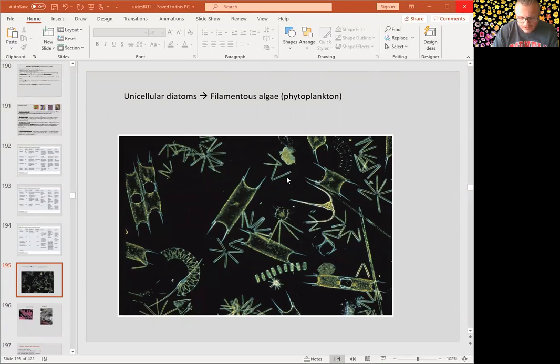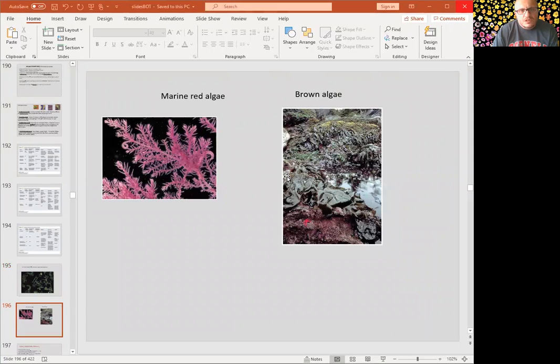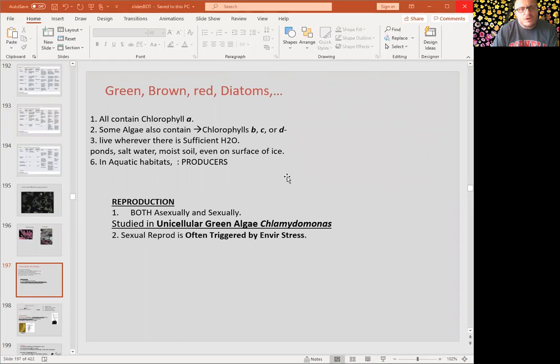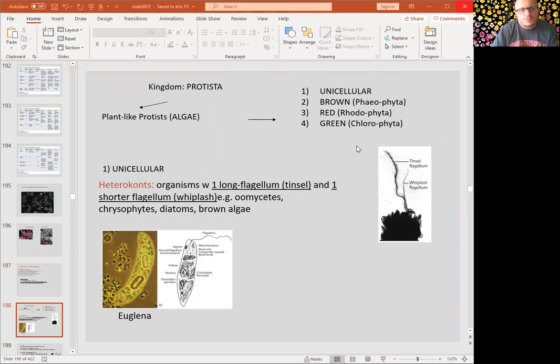We see this in diatoms, red algae and brown algae. So green, brown, and red algae and diatoms all have chlorophyll A. Some may have B, C, D. They are all in aquatic habitats. Reproduction can be asexual or sexual.